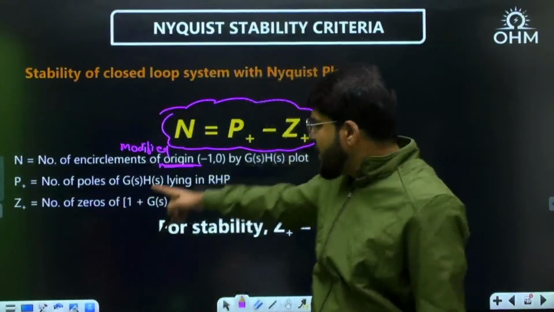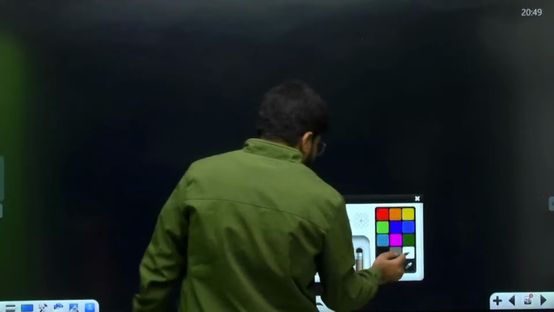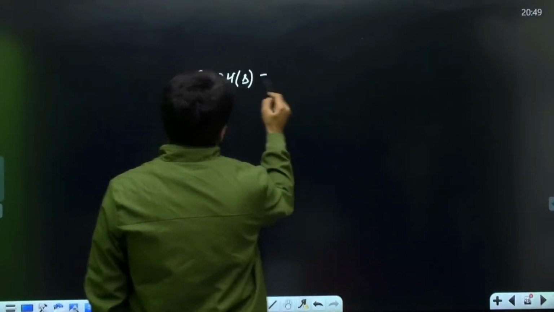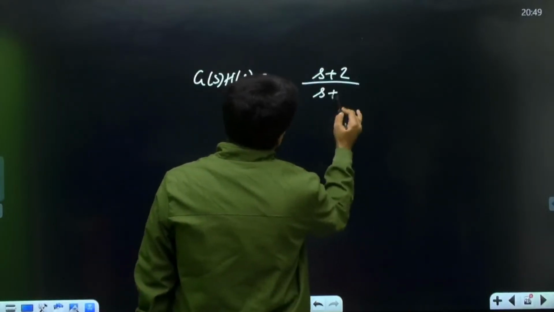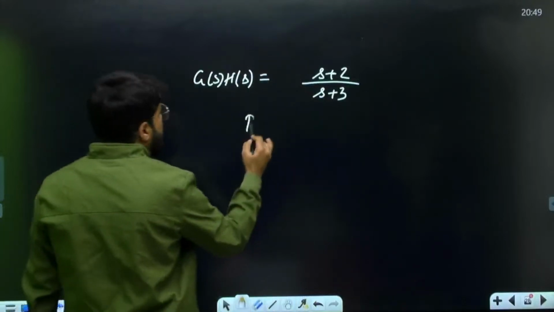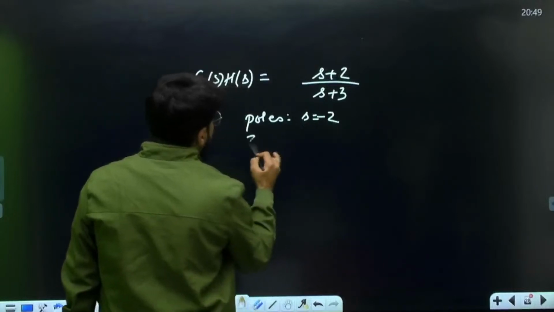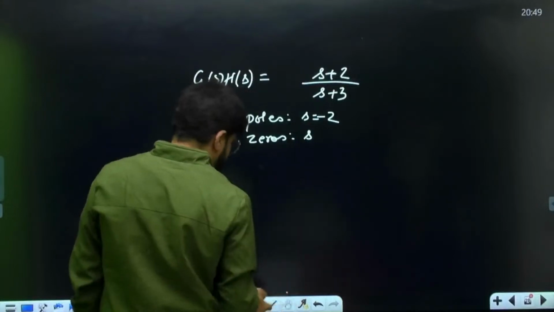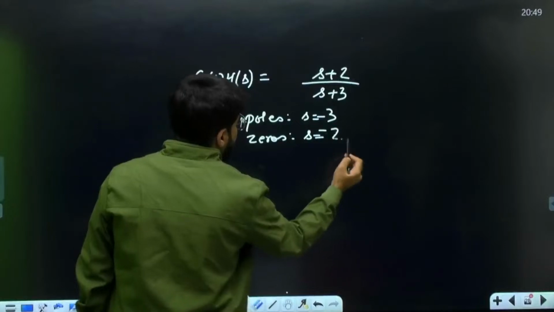Why will the meaning of P plus never change? I'll tell you. Take a simple example. Suppose G(s)H(s) is (s plus 2) upon (s plus 3). What are the poles and zeros? Only one zero. The pole is minus 3 and the zero is minus 2. Correct?